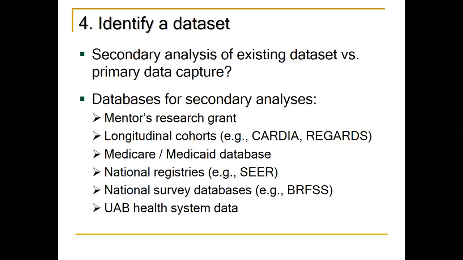With primary data capture, typically the return on that investment is not until years later, but the value of going through the process of setting up the study, capturing the data, and doing something if you can, I think they are really complementary. So, Emily.